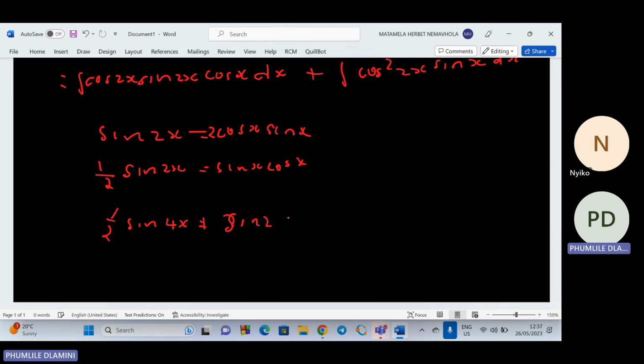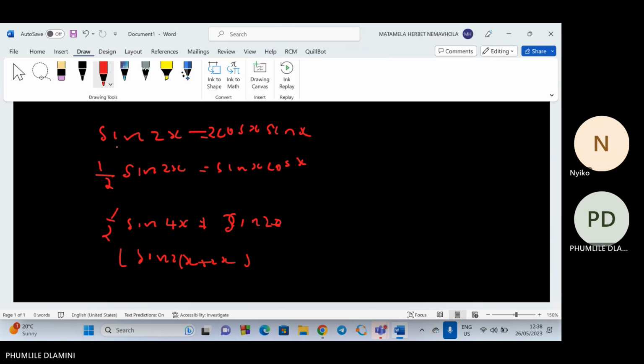It won't be exactly that if we put 1/2 there, because the sum formula is going to give us sine 2x plus 2x in such a way that it is not exactly 2x there. It's going to give us maybe 2 times, which I'm not going to prove now. It's going to take much time.